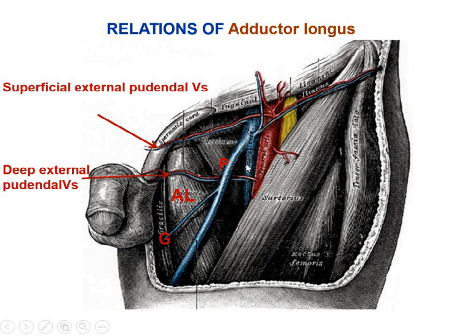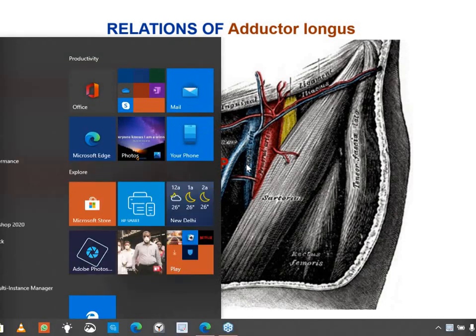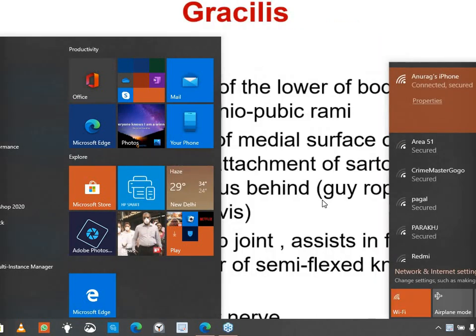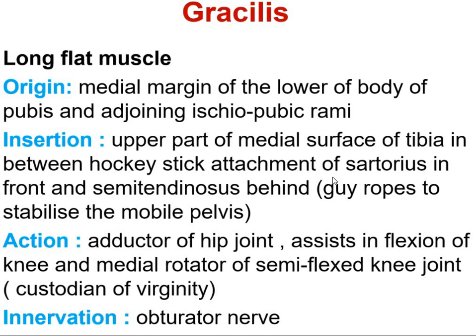in front and behind. If you remember, when I was teaching you about the sartorius muscle, I told you it has got inverted insertion on the medial aspect. Hello, am I audible? I think there was some problem. Okay.